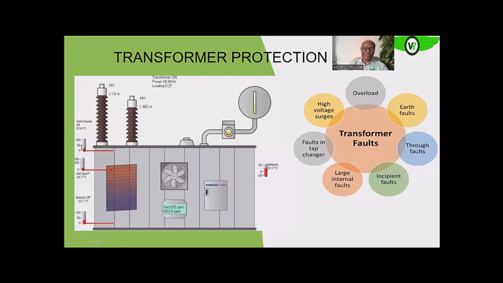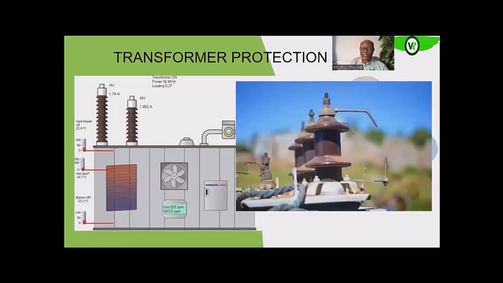We also have thermometers that help us look at the temperature of the oil within the transformer, the temperature of the windings, and also the temperature at the bottom of the transformer. All of these are means of protecting. As the transformer gets bigger, we may need a gas analyzer on the system to analyze the gas that is coming out. That will give us a clear idea of what is happening, especially within the windings. Those are some of the protection systems you will see.